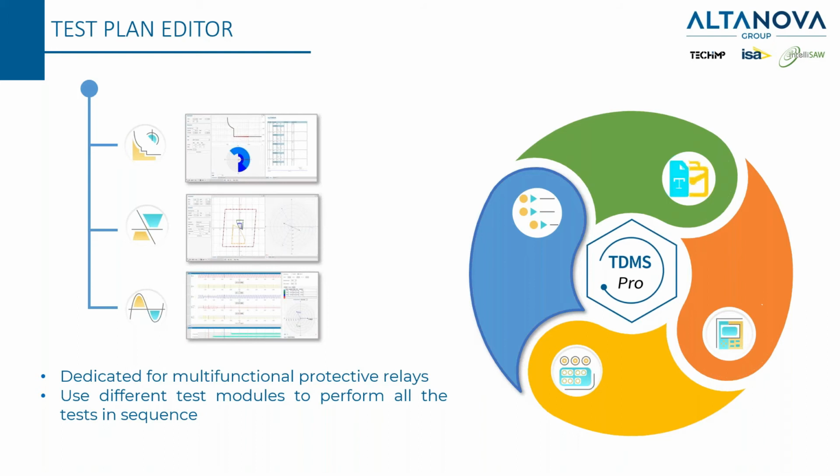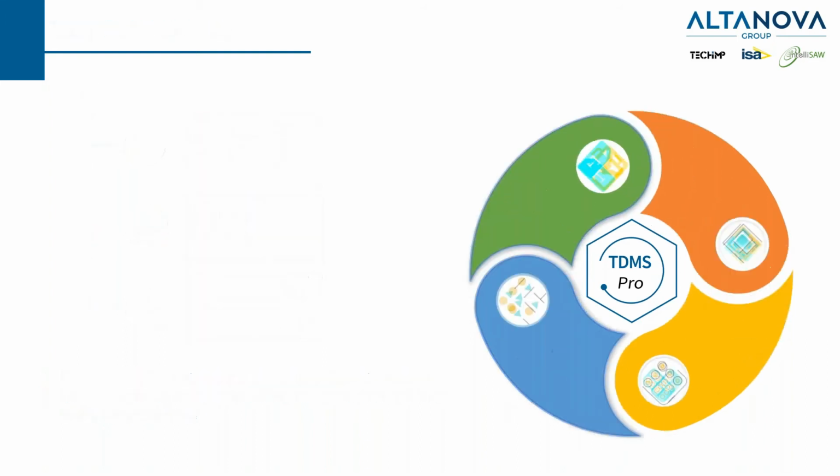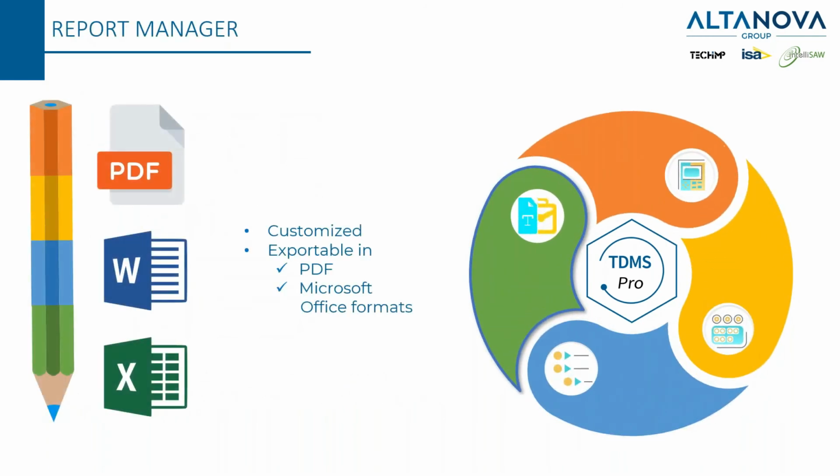So it is very useful to have a test plan editor in order to program all your tests, and in the end have a single report with all your results inside. The report can be customized, and in the end can be exported into PDF or Microsoft Office format.